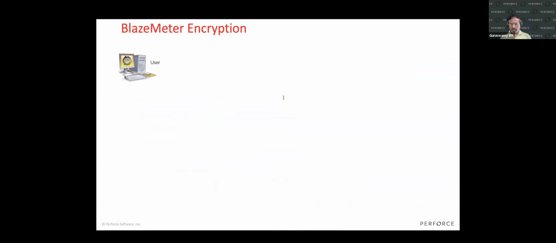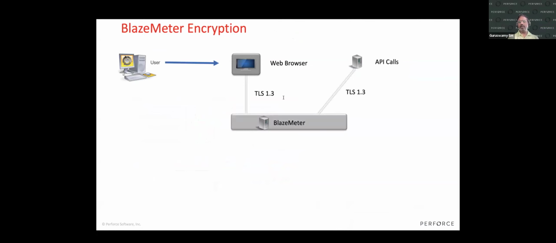Now, one of the things is security. How secure are we when we are using the Blazemeter solution? As a user, when the web browser makes an API call, we are using TLS 1.3 SSL protocols. If you are using 1.2, we can fall back to 1.2 as well.